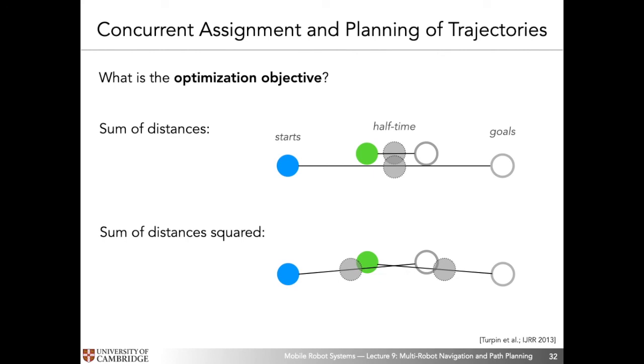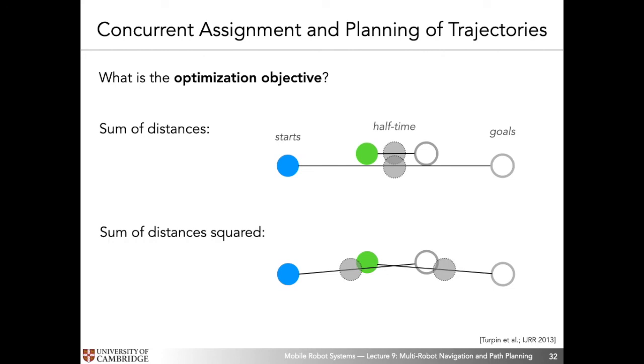Now, if we were to optimize the assignment by considering the sum of distances squared, the resulting assignment actually sends the green robot to the bottom goal and the blue robot to the top goal. And if we look at how this pans out over time, at halftime the robots are not colliding anymore, right? So you can see here that simply by considering two different optimization objectives, we have different behaviors as a function of time.